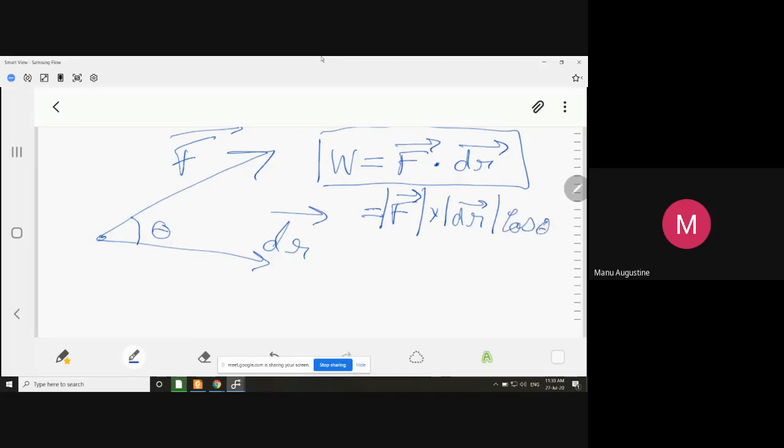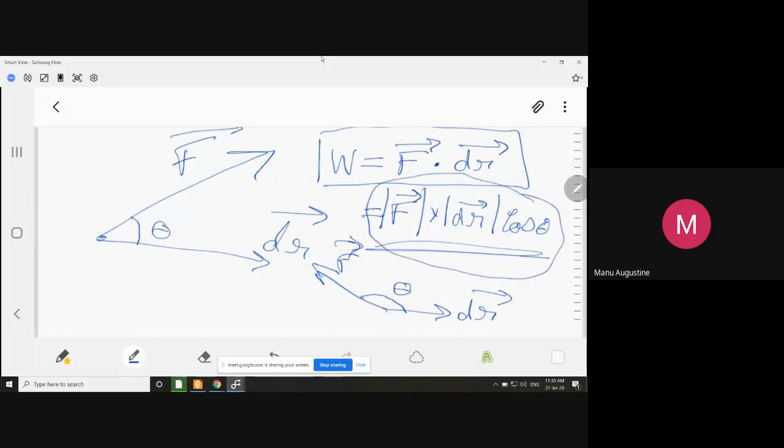Now, if this theta is acute, then obviously the work done will come out as positive. And if this theta is obtuse, for example, force is like this and displacement is like this, this is your force vector, this is your displacement vector, and this is an obtuse angle theta. In this case, this dot product will come out as negative.